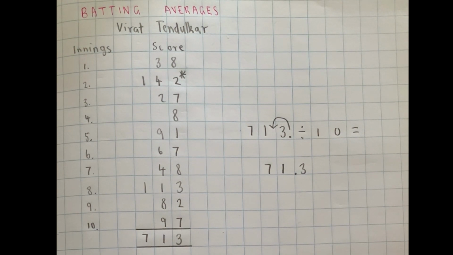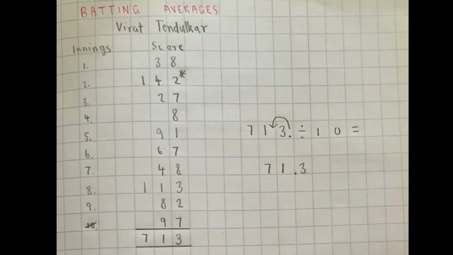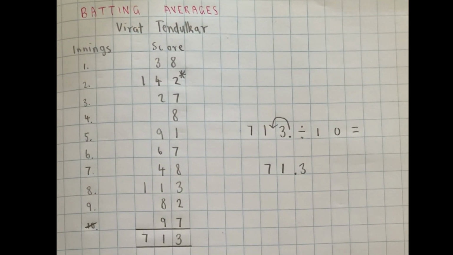So instead of 10 innings, there will only be 9 now because one of them was a not out innings. And so what this will do is it will increase the average. You may have heard that some players, maybe not always the most team-orientated players, like to play for the not out average so that their average gets a little bit higher.